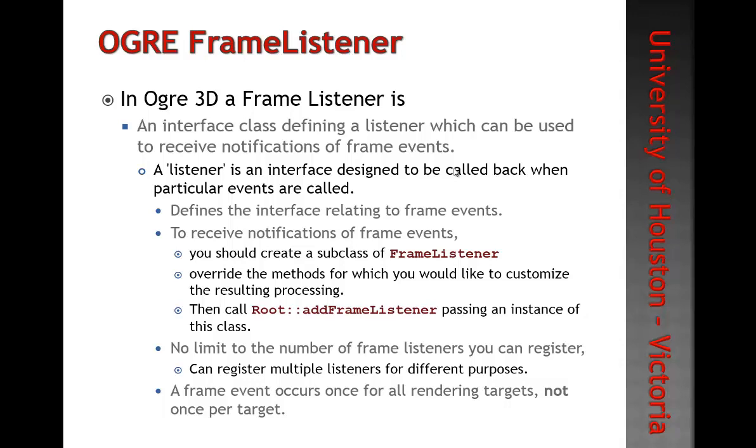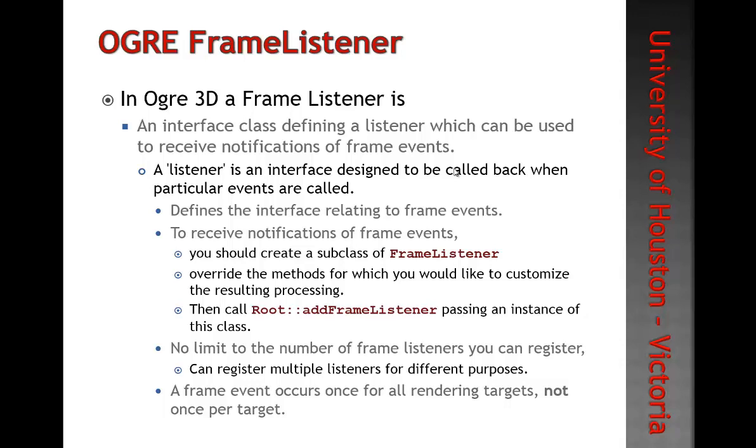We can have as many frame listeners as we want to register, and we can register them for multiple purposes: for reading input-output interactions, and listening to different kinds of events being generated by different kinds of operations.